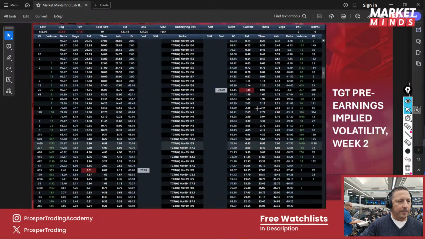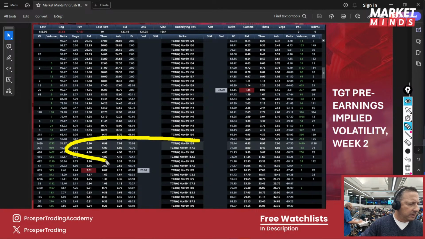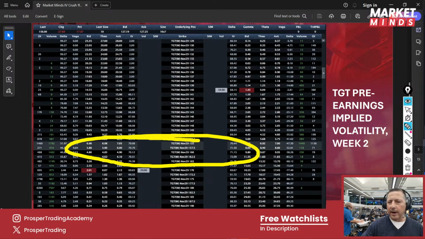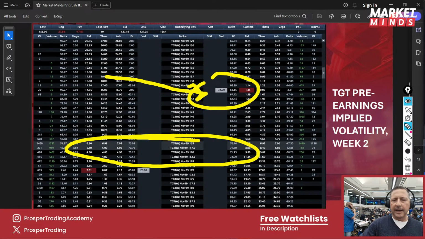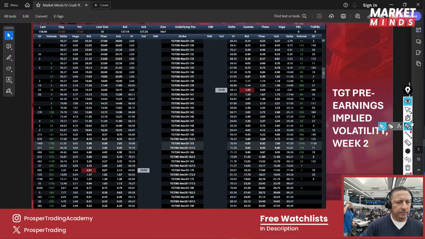Now, let's look at week 2. Okay. As a reminder, here was week 2, meaning the November 29th options. Okay. The at the monies yesterday, right around 70-ish. Okay. So I modeled down to 35-ish or so.